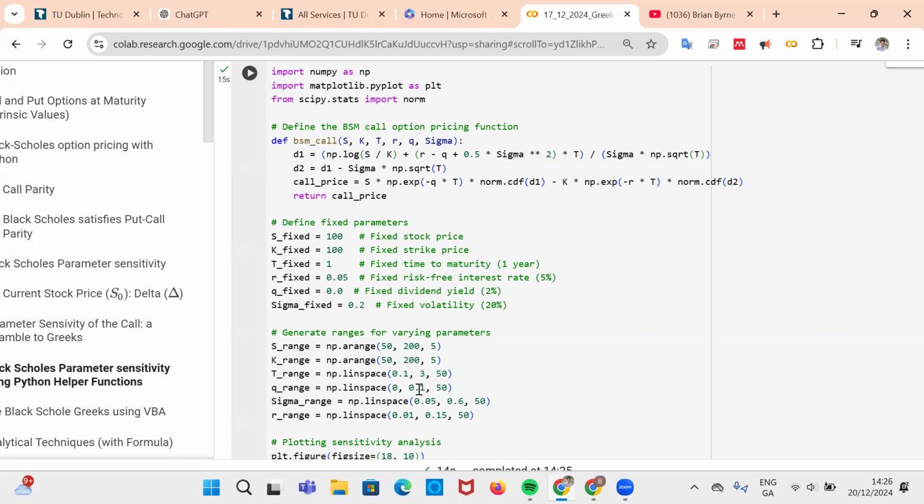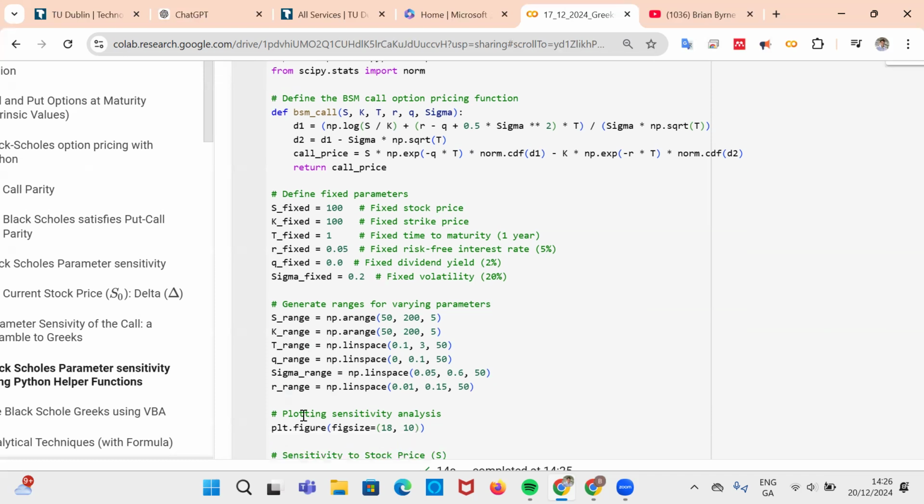A plausible amount of dividend would be up to 10% in 50 steps, and sigma 5% to 60% in 50 steps, and then going from 1% to 15% for r, the interest rate, in 50 steps.